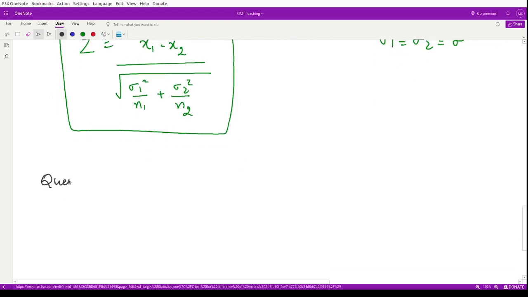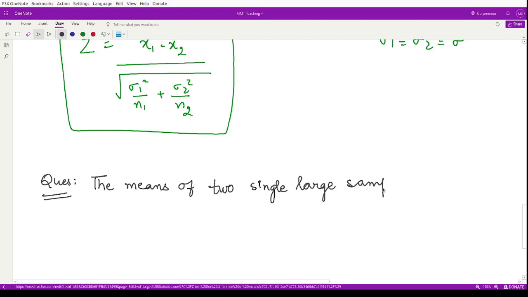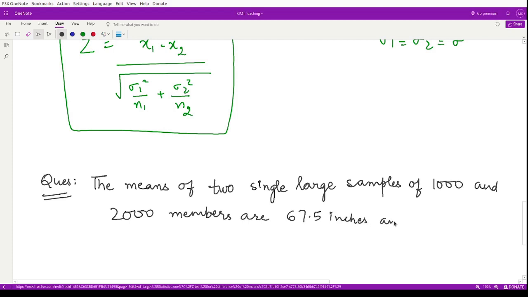The statement here is: the means of two single large samples of 1000 and 2000 members are 67.5 inches and 68.0 inches respectively.